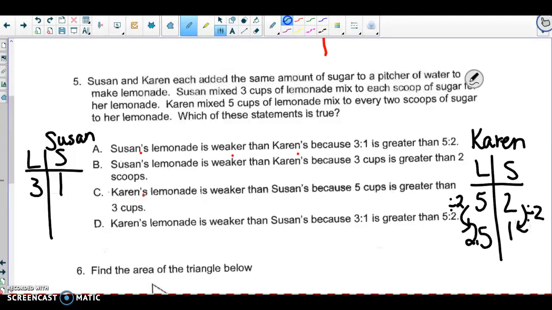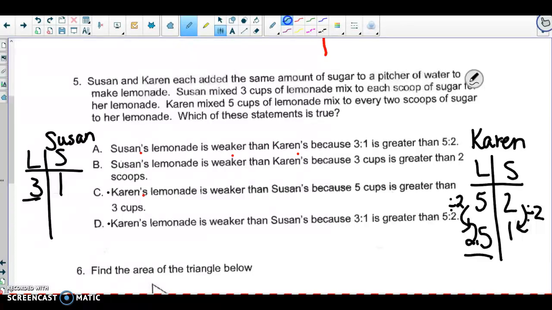So it's 2.5 to 1. Well, Karen is not adding as much lemonade to hers, so it's going to taste weaker because it's not as lemony, because there's not as much lemonade here compared to the 3 on this side. So we've got to look at C and D to determine which one is our correct answer.